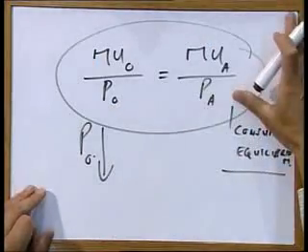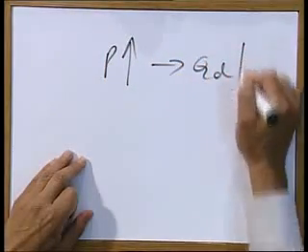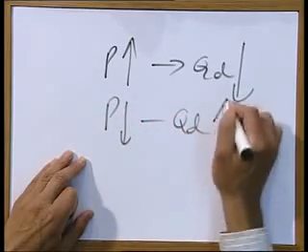Based on the law of demand, just to remind you, if the price goes up, quantity demanded goes down, and if the price goes down, the quantity demanded goes up. That is the law of demand.